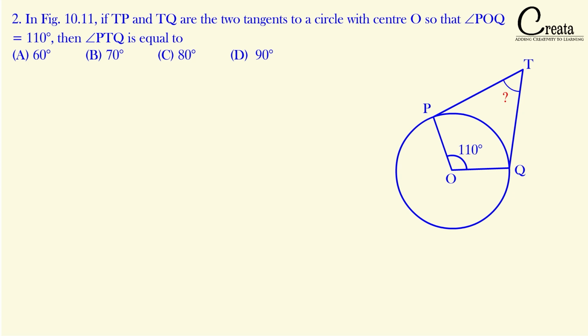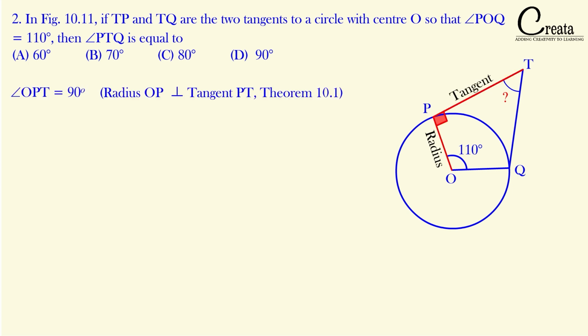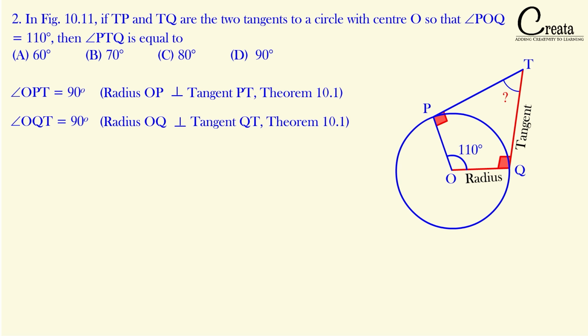Here again we will use the same fundamental of the question number 1. The radius and the tangent are perpendicular to each other, theorem number 10.1. So the angle between the radius and tangent will be 90° angle. This is radius and this is tangent, so this angle will be 90°. Here also this is radius and this is tangent, so this angle will also be 90° angle.